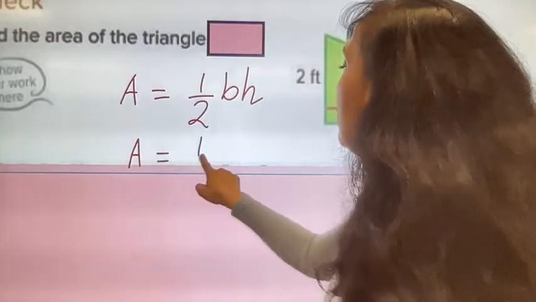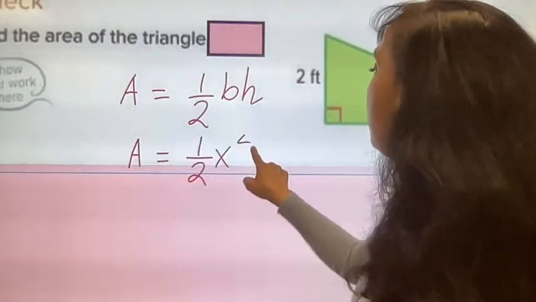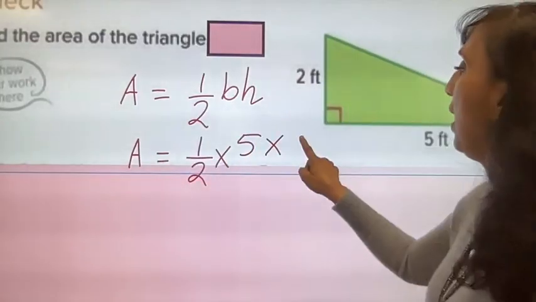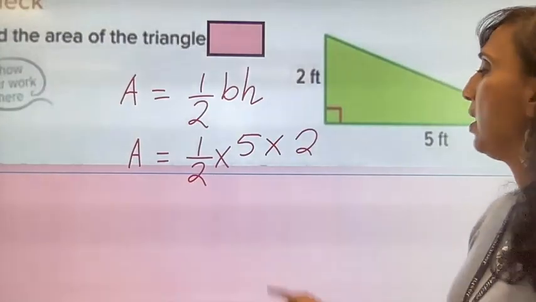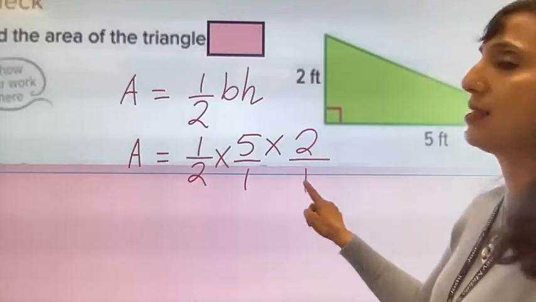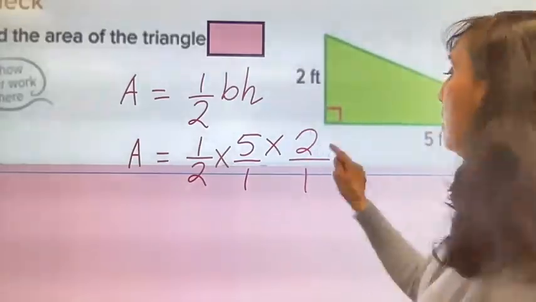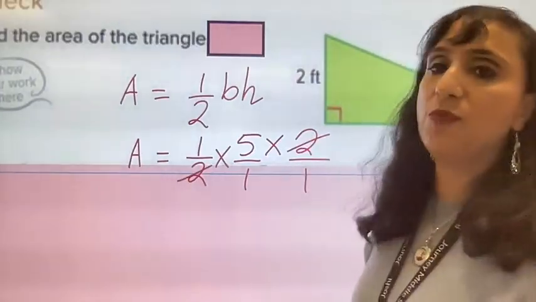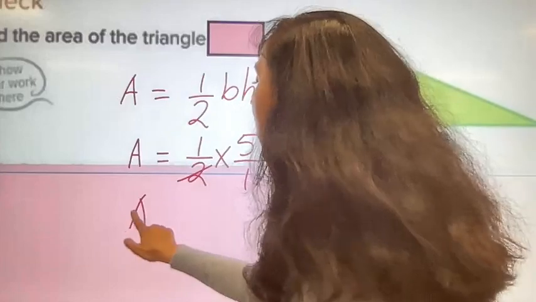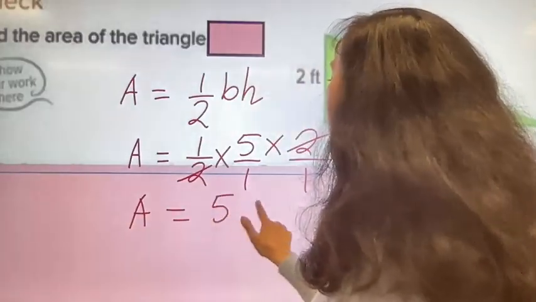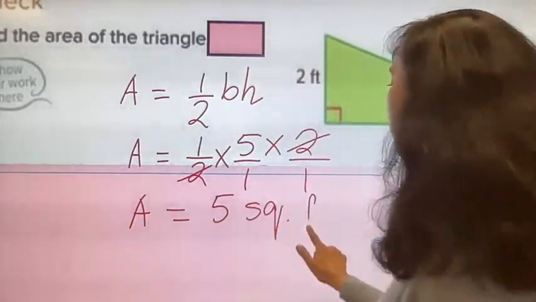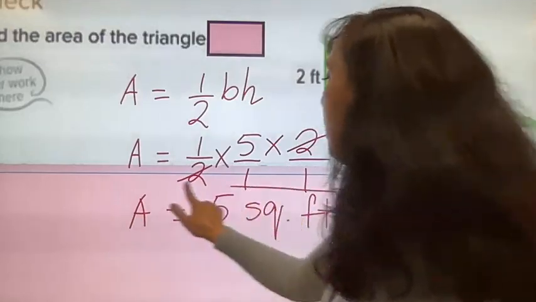So area is 1/2 times 5 times my height, which is 2. And then once again, I can simplify anything from the numerator to the denominator. And so 2 divided by 2 gives me 1. And area is equal to 5 square feet. And there is my answer.